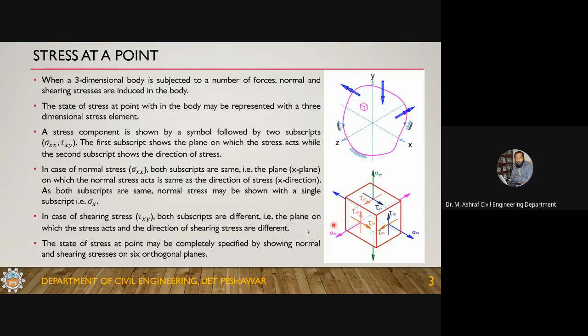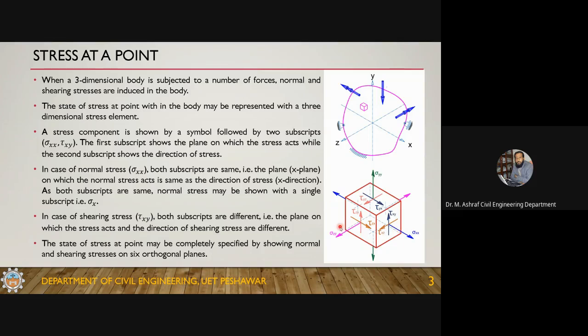Okay, now, how many stress components are there? Here you can see that you have three components on each face, so total 9 components. And there are 3 more faces on which 9 more components are acting.